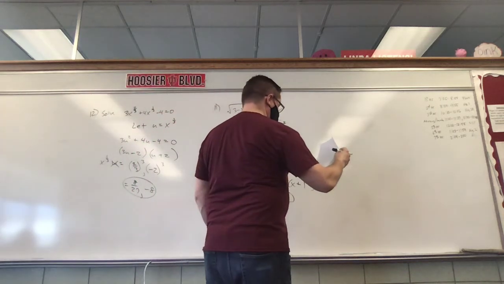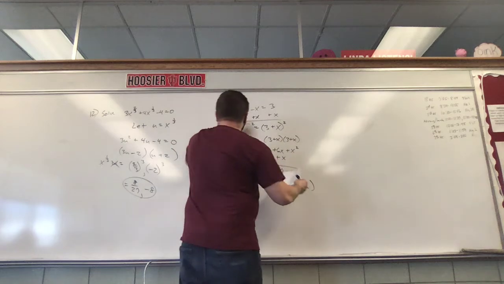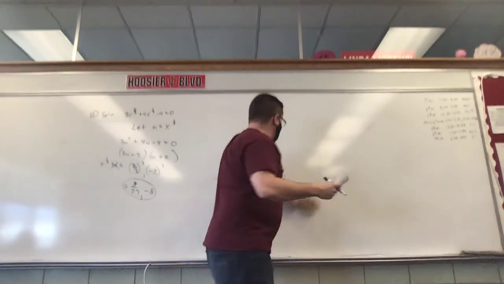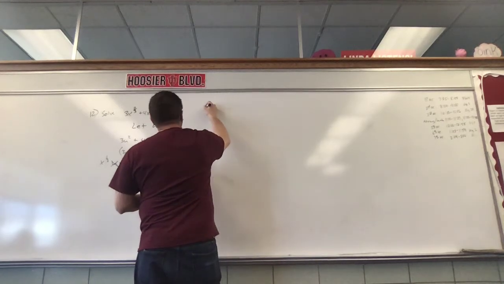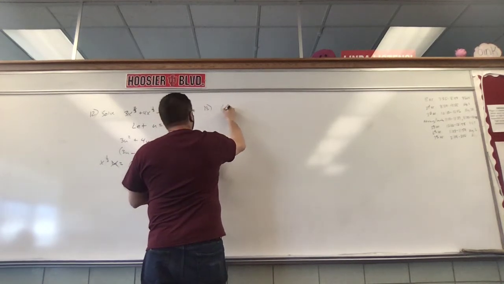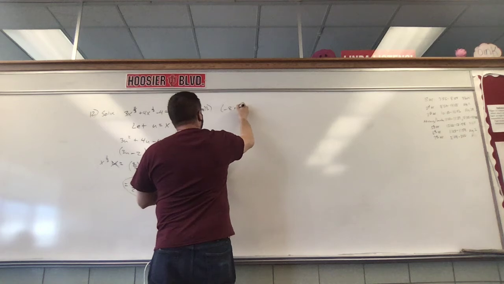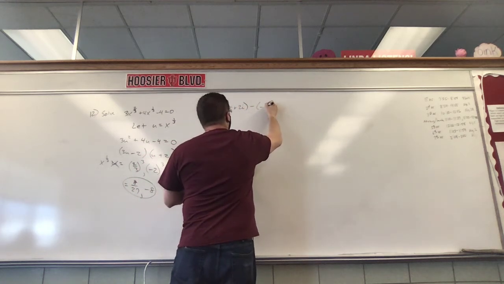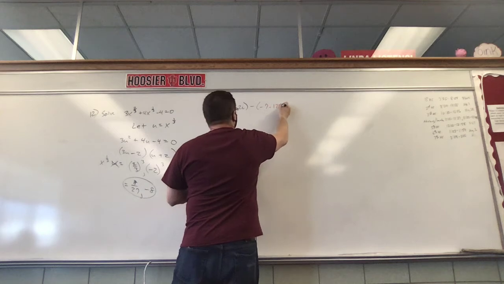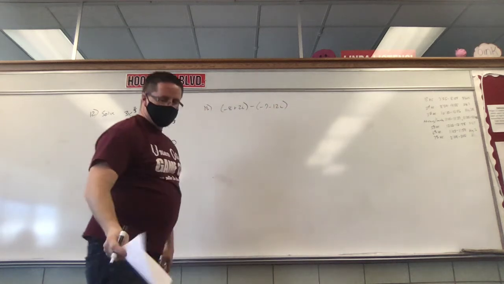Okay, 1, 2, 3 more, and then we're done for today. Okay, you can't miss this one, guys. This one's an easy one. -8 plus 2i minus -7 minus 12i. Okay, simplify that.